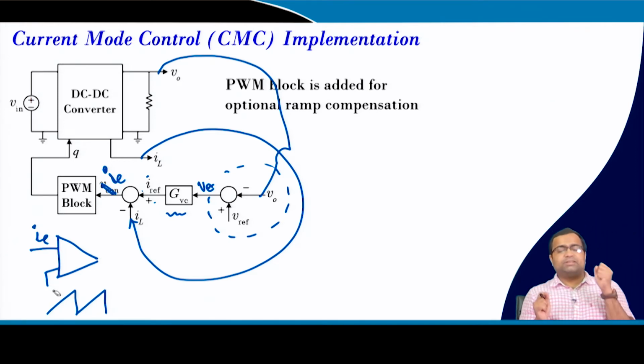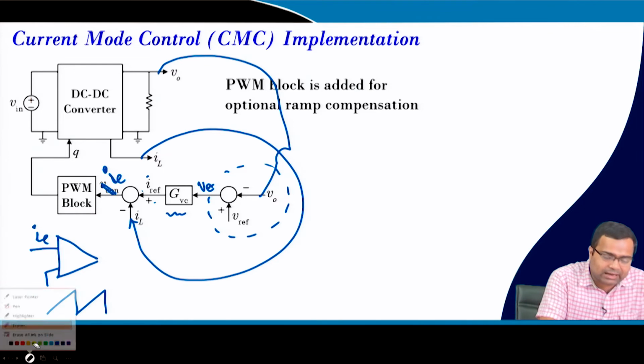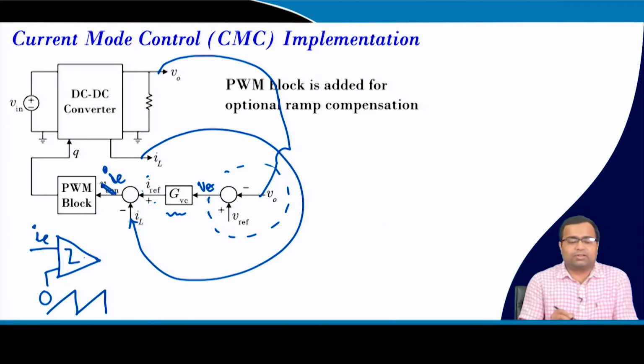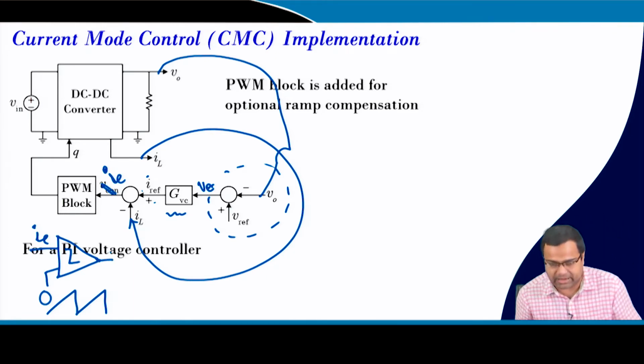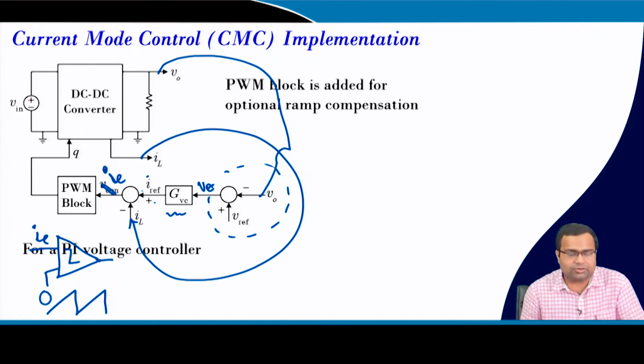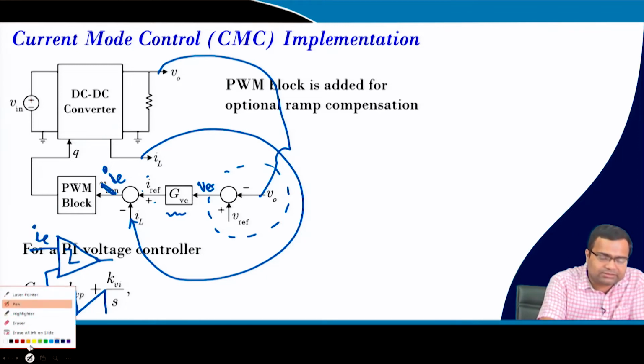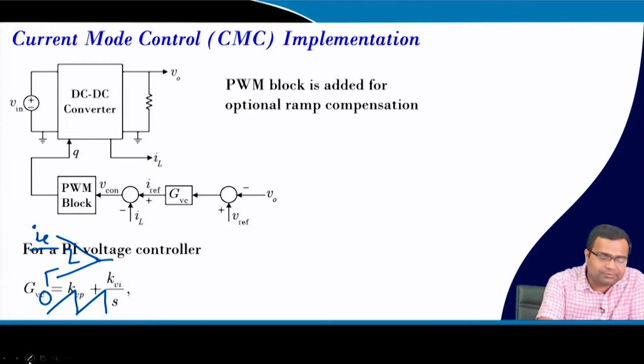So, 0 is replaced by the sawtooth waveform, and this is a comparator here. The output of the comparator goes to the latch, and that we will see in the MATLAB simulation. So, that means a PI voltage controller used for current mode control is well known. And what is the structure of this voltage controller?